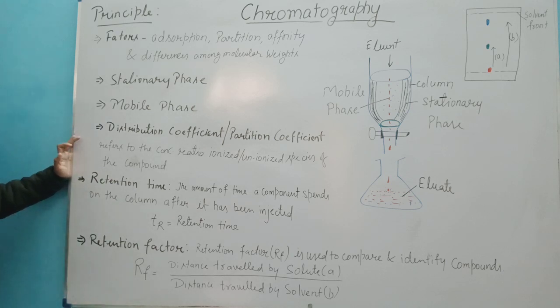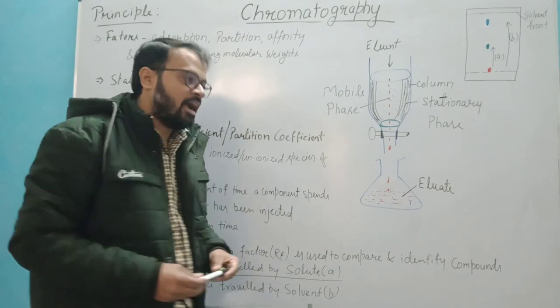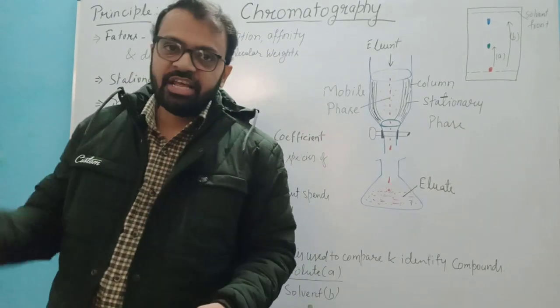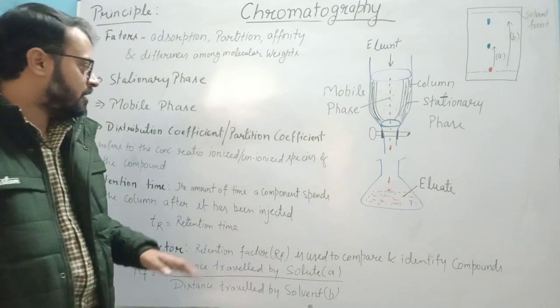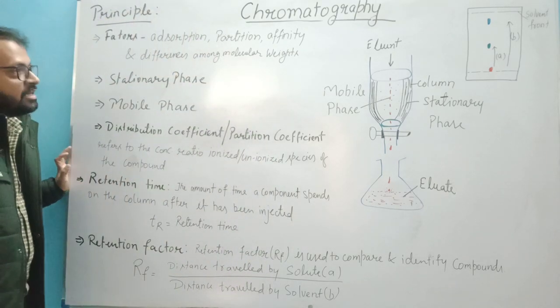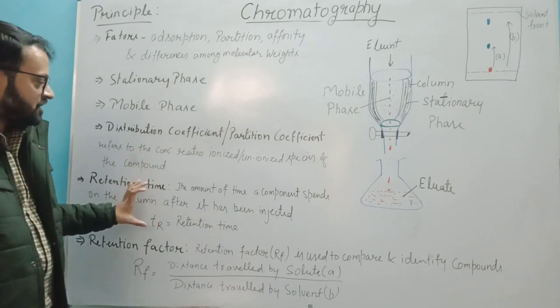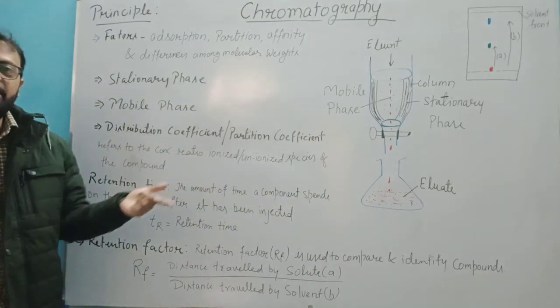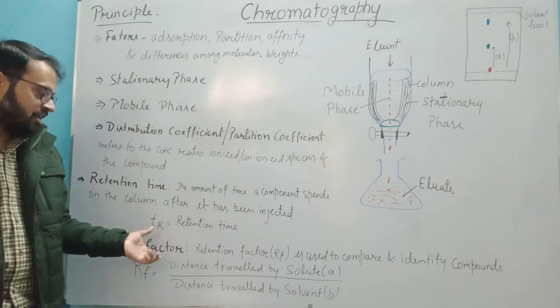So another factor is the retention factor, or RF. The retention factor is used to compare and identify compounds. It is the additional time or distance traveled by the component. This means that the time spent in the column is denoted as retention time, but the extra time and extra distance traveled by the component is denoted as the retention factor.